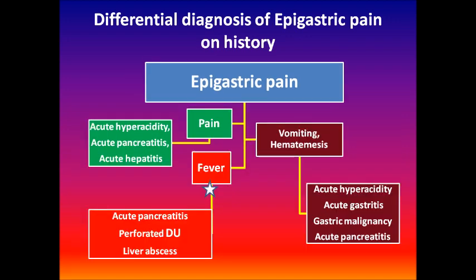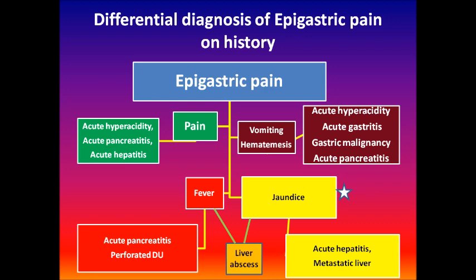If pain becomes associated with fever, you must think of conditions like acute pancreatitis, perforated duodenal ulcer, and liver abscess. When jaundice becomes an additional symptom of pain, vomiting, and fever, you must consider acute hepatitis, a liver abscess, or a metastatic liver.